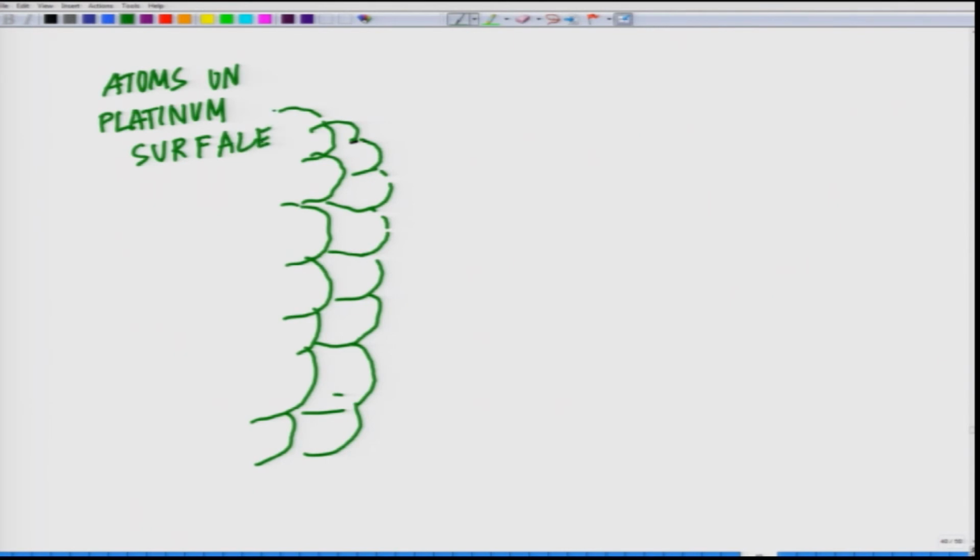Now, on this surface there is a milieu of a lot of H plus ions, and on the other hand platinum itself is getting a lot of H2 gas, which is coming, let me pick up another color.